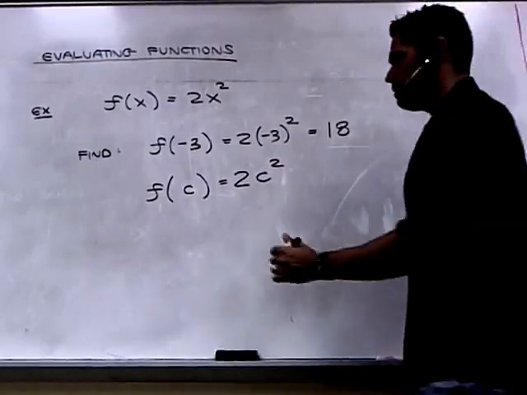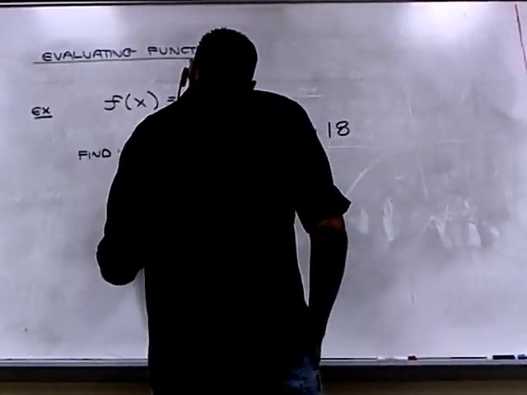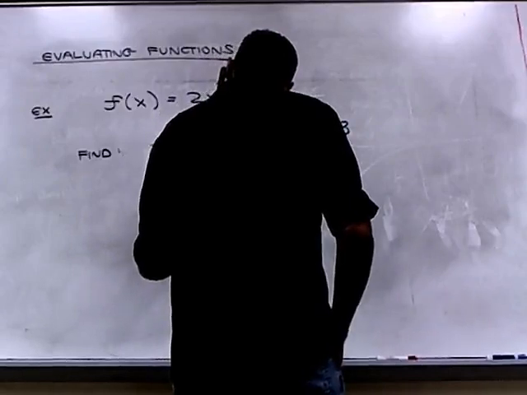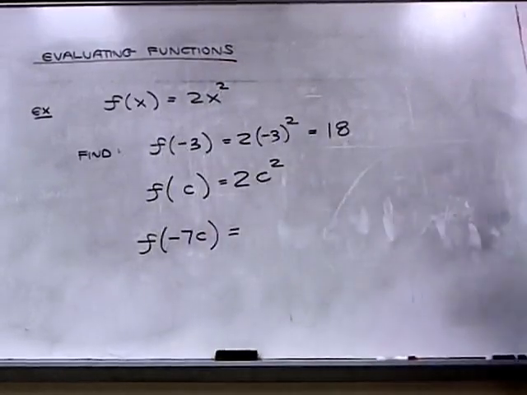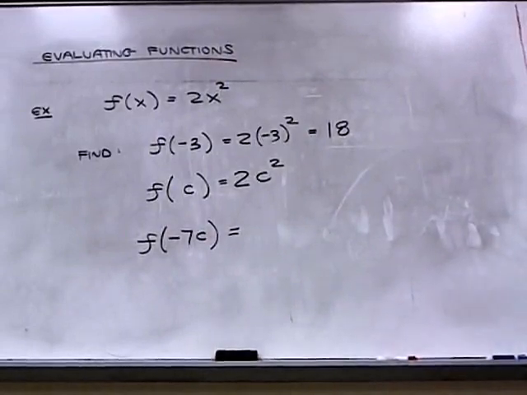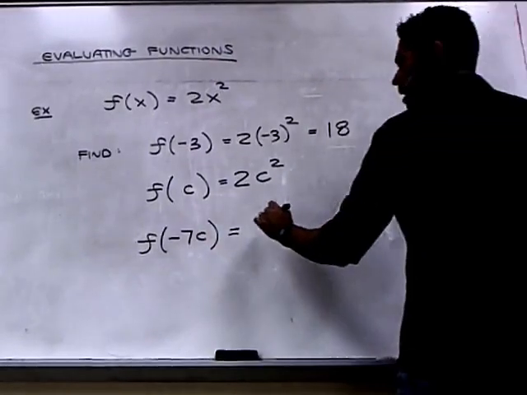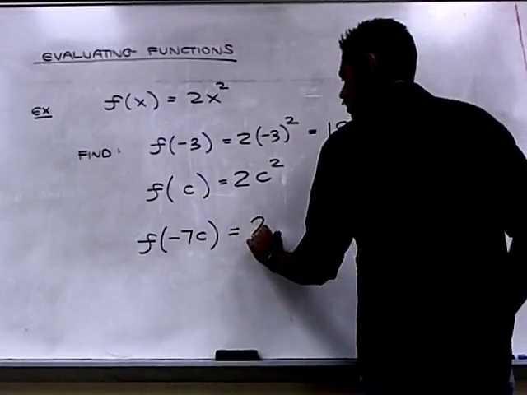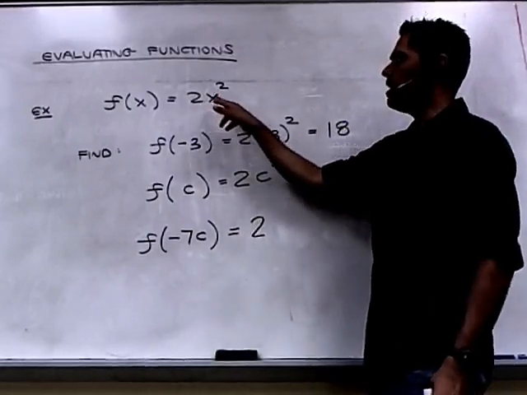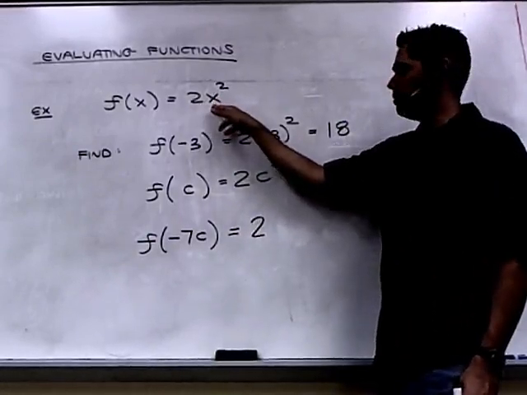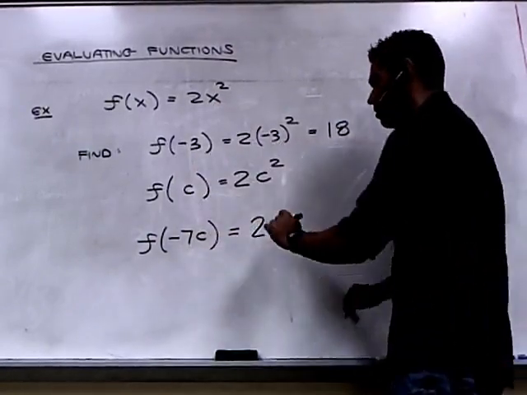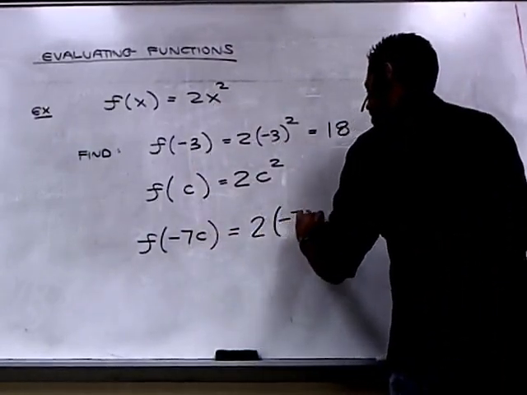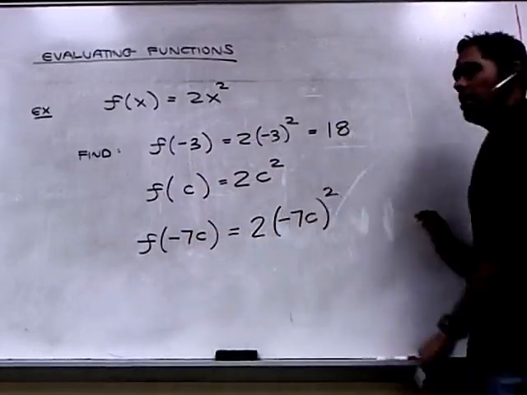How about this? What would f of negative 7c be? So you have 2, right? And then we're replacing x with what? Negative 7c, right? So I need to put negative 7c squared, don't I?